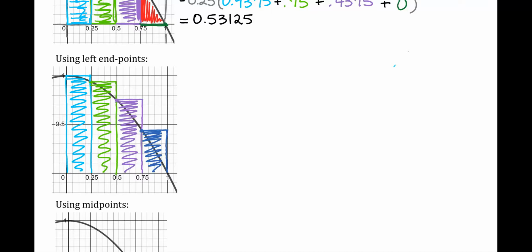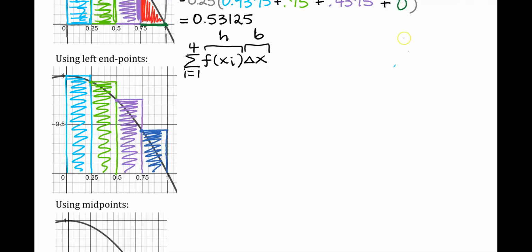And so we need to add up the sum of our f of x sub i's multiplied by delta x, which is still, of course, 0.25 in this example. The f of x sub i represents the height of the rectangle, and the delta x represents the width, or the base, of the rectangle.